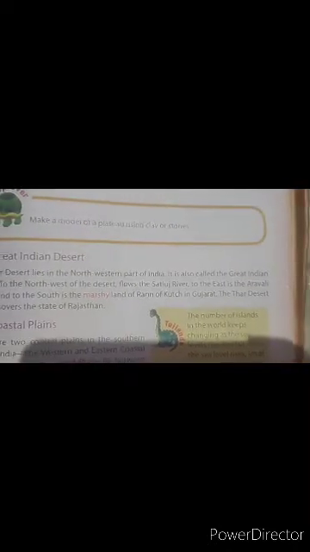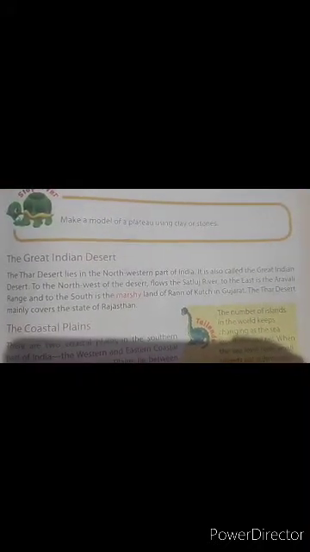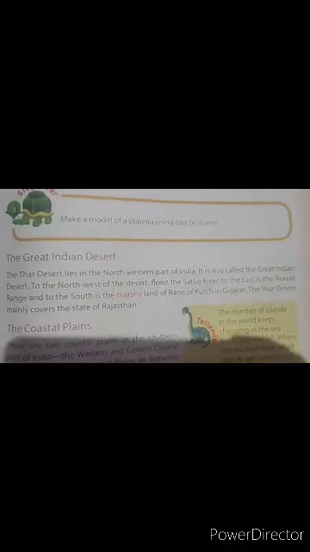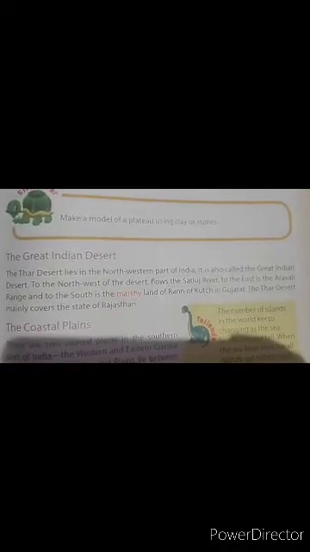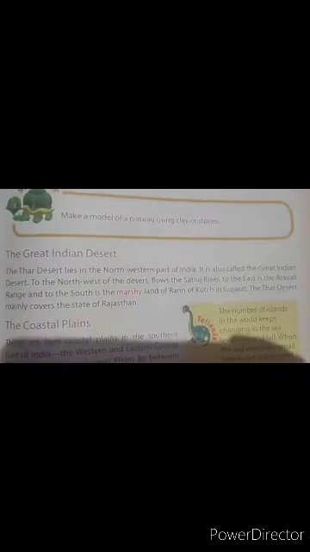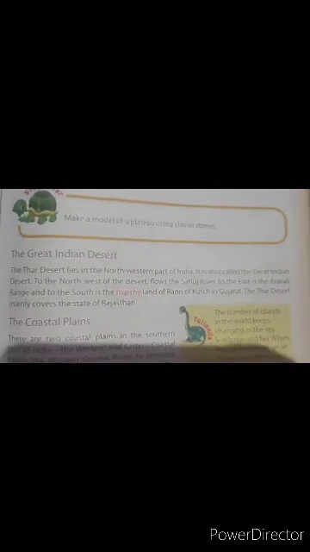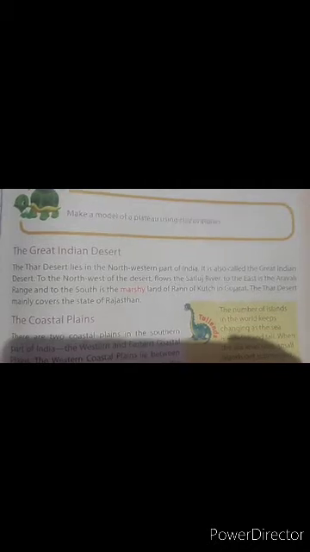It is also called the Great Indian Desert. To the northwest of the desert flows the Satluj River. To the east is the Aravalli Range, and to the south is the marshy land of Rann of Kutch in Gujarat. The Thar Desert mainly covers the state of Rajasthan.